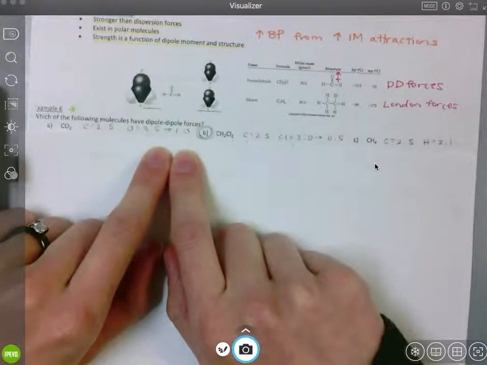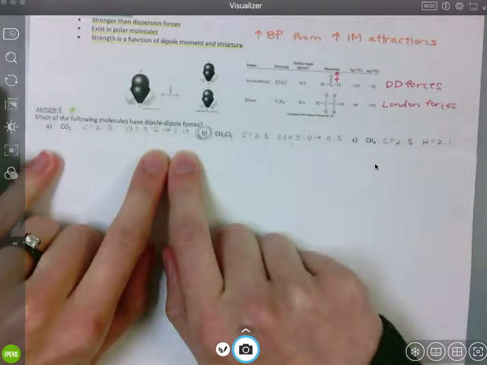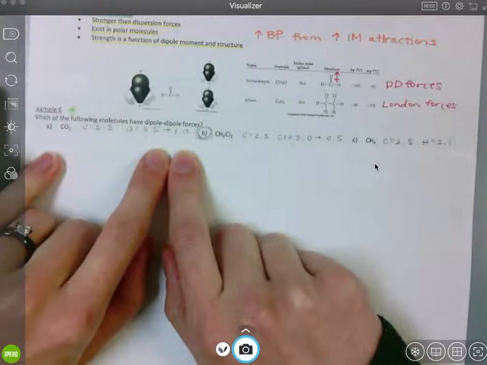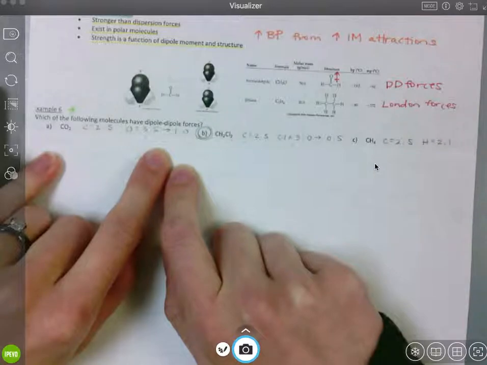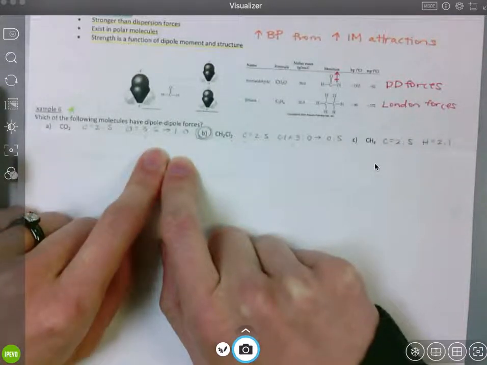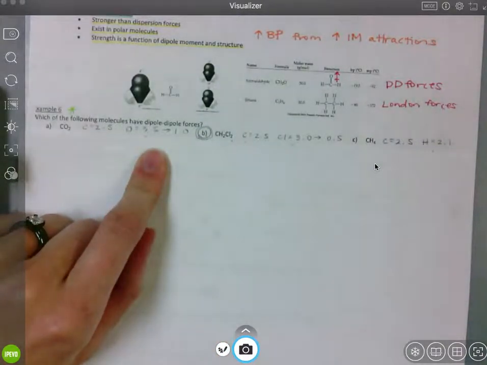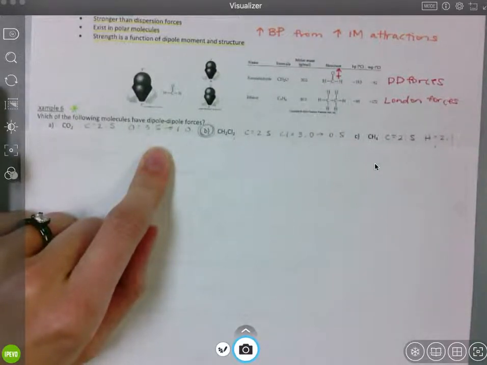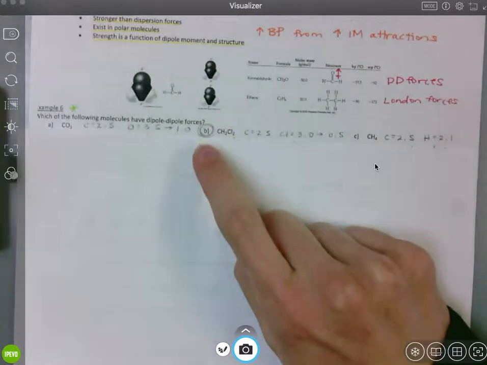But we also have to look at the structure of carbon dioxide. So carbon dioxide has a carbon in the middle and 2 oxygens around it, double bonded to it. So our molecular geometry for that would be MX2. We have no lone pairs of electrons on carbon. So we have a linear molecular geometry.